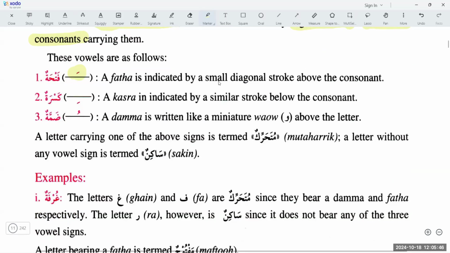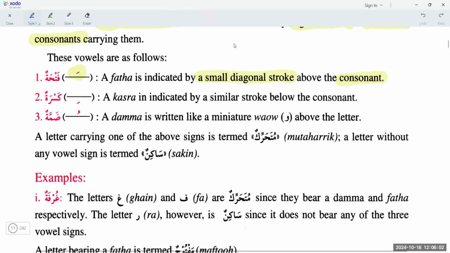A fatha is indicated by a small diagonal stroke above the consonant. So this is a small diagonal stroke. This is fatha. So if we take this as a line, fatha is above the line.